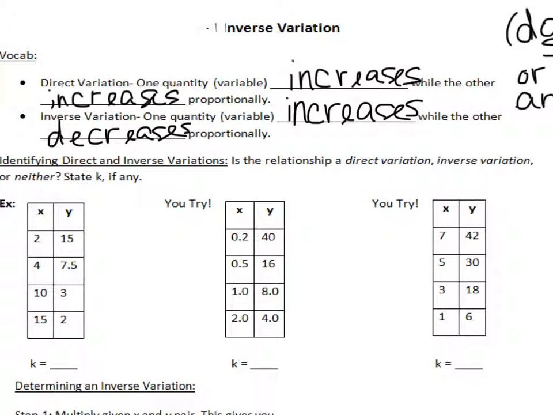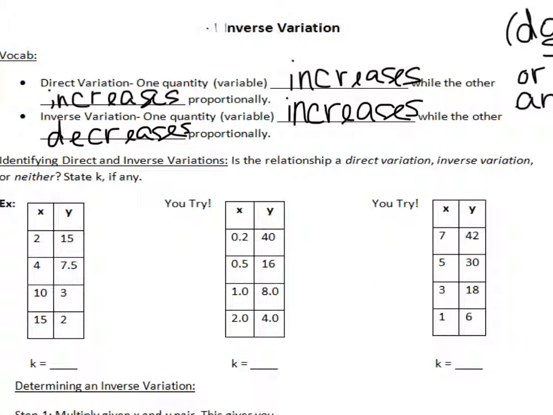Now we say proportionally because we're talking about multiplying and dividing. So like in the rule, the proportionality was times 2 in the first one and times 3. It's consistent. So we're looking for how do you get from every x to every y, whether it's direct or it's inverse.